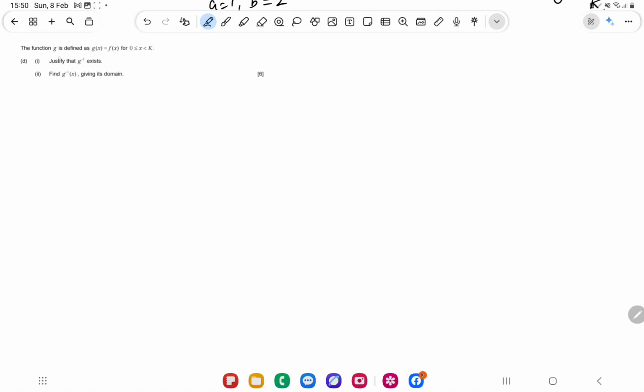So this is my answer for the second part. Now in the next part, the function g(x) is defined as f(x) for values between 0 to k. We have to justify that g inverse x exists. Now to justify this, we can write that g(x) is a one-to-one function. For every value of x, we will get a unique value of g(x).